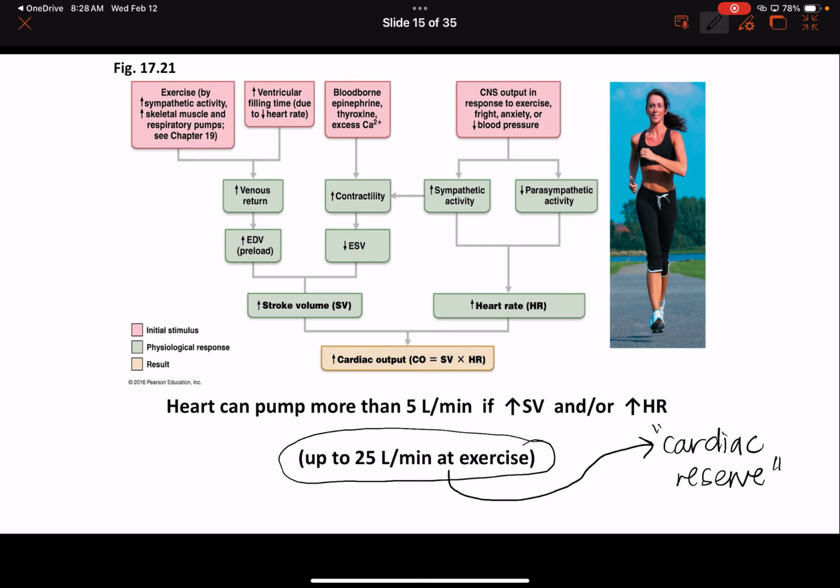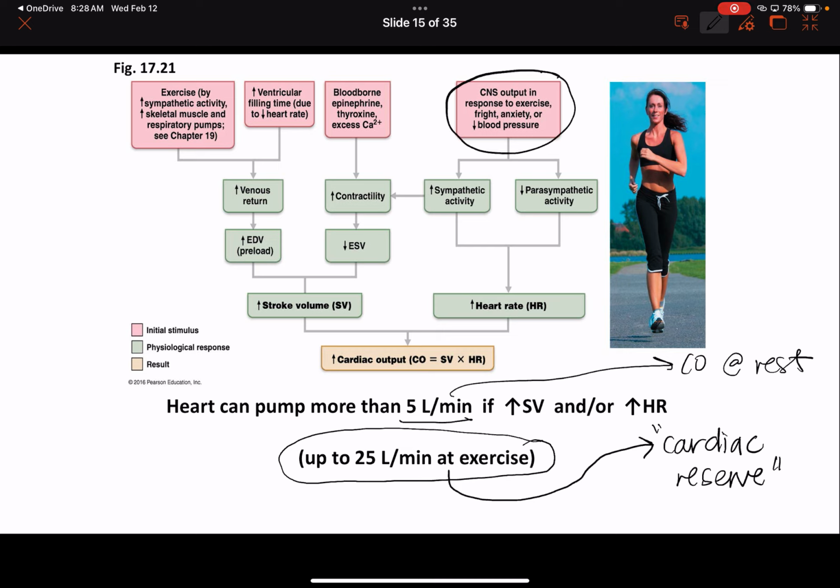Again, remember to write down that this is your cardiac output at rest. So ways that we can increase our stroke volume or our heart rate in order to increase cardiac output. If you are frightened or anxious, or you experience a drop in blood pressure, any one of these things is going to turn on your sympathetic nervous system. It's going to turn on your fight or flight.